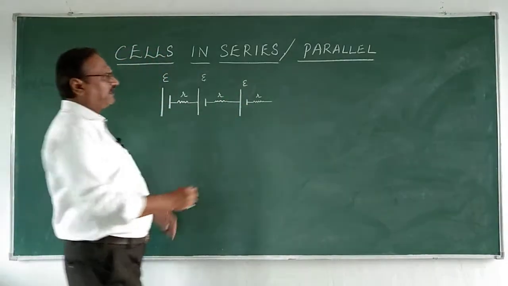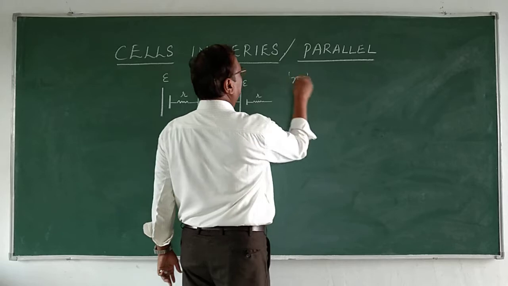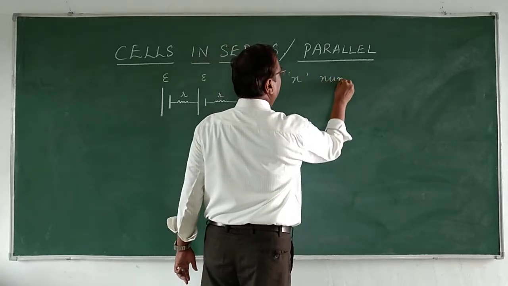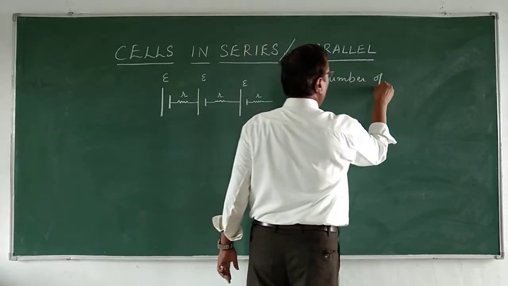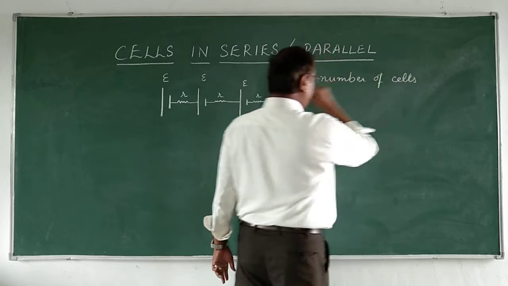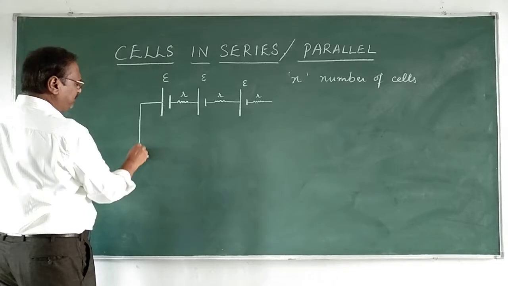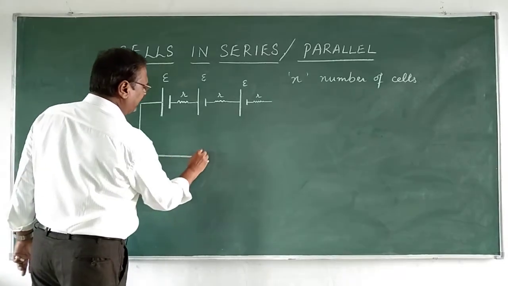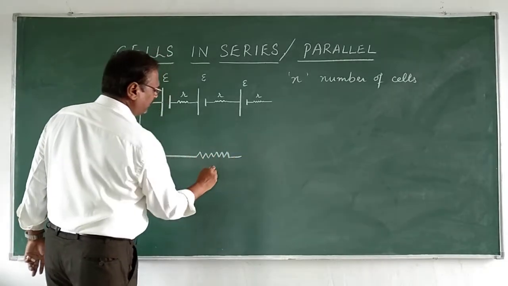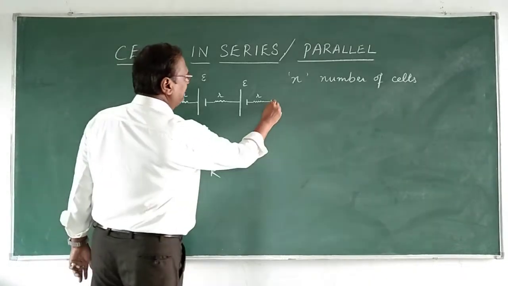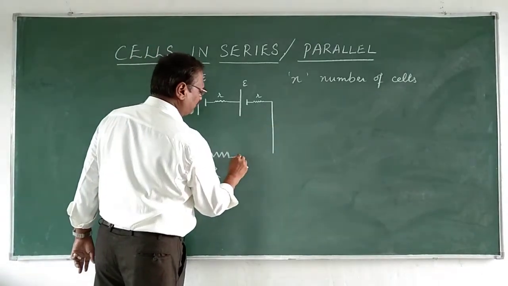I can have n number of cells. So if I have n number of cells like this, how the formula will change? Let me connect this to an external resistance, capital R, and then study about it. Fine.